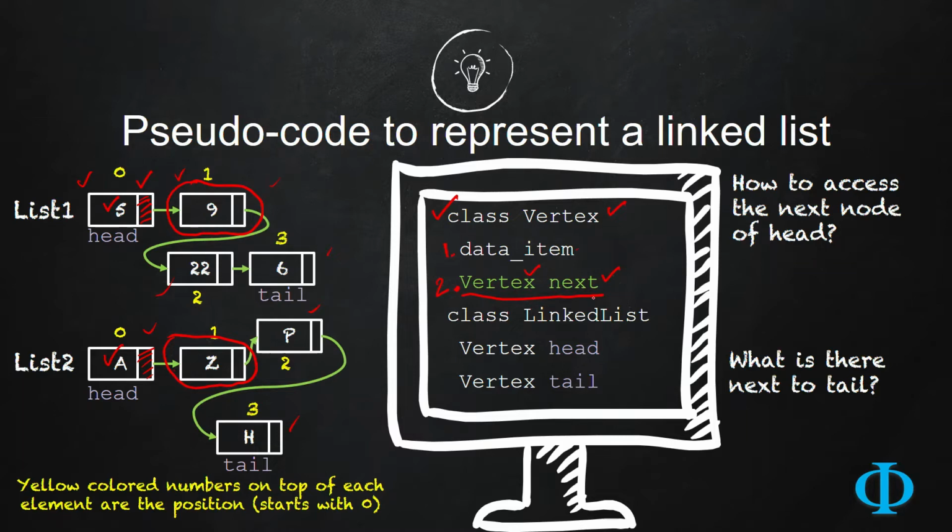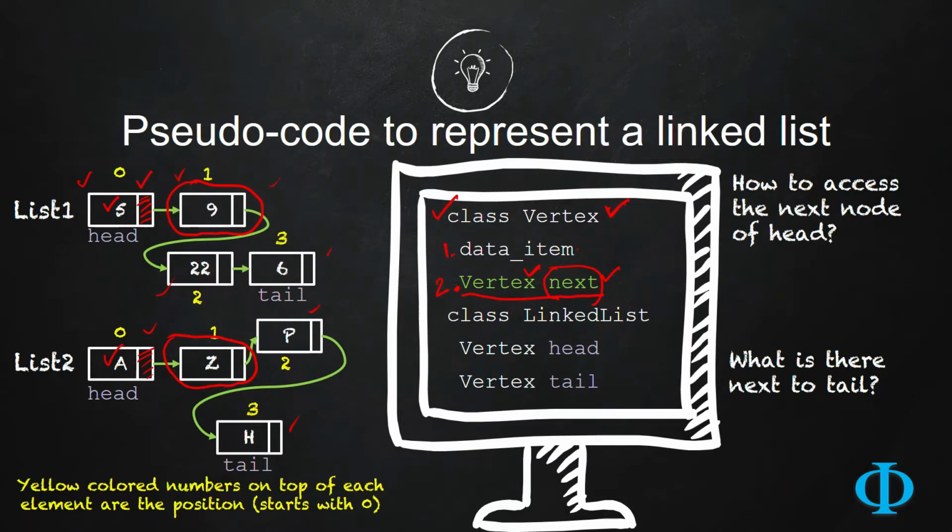So next is an object of type vertex inside the same class vertex. So that is how you can represent the address for the next node. You can point to the next node.